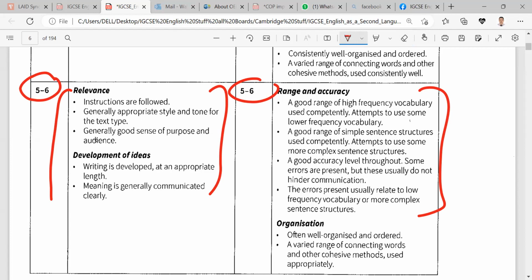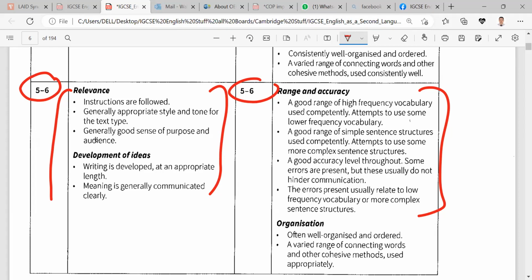So can you read them quickly with your eyes?